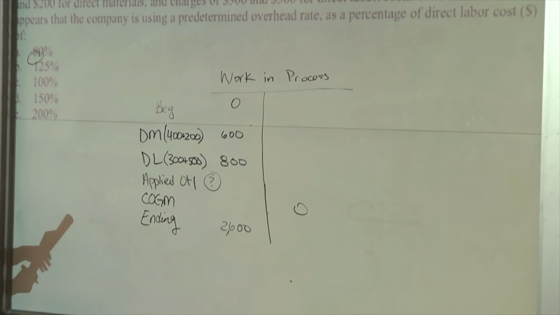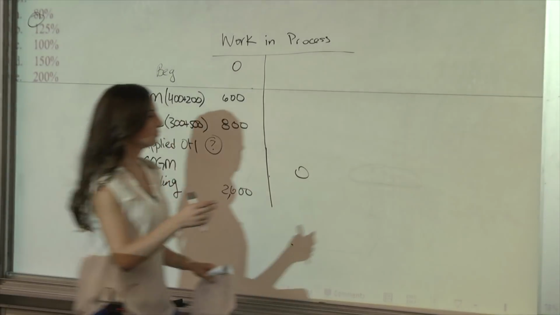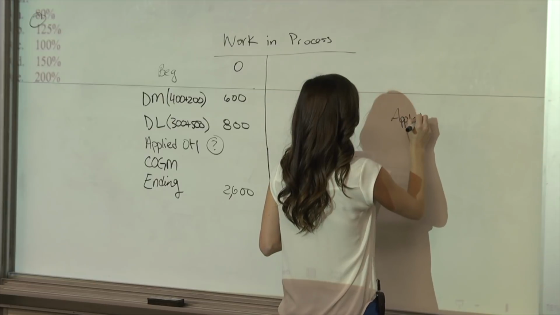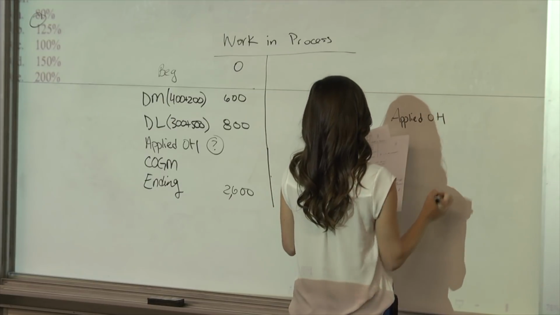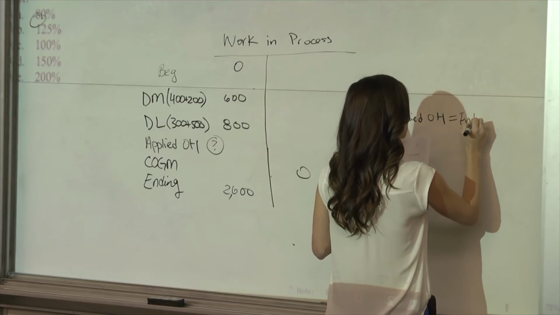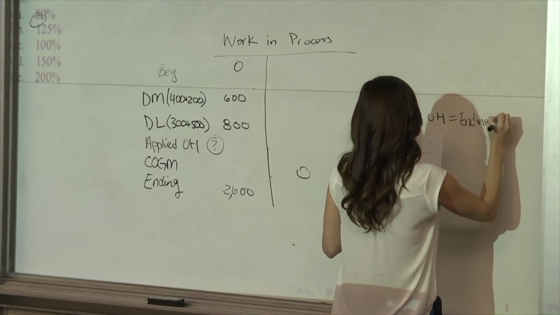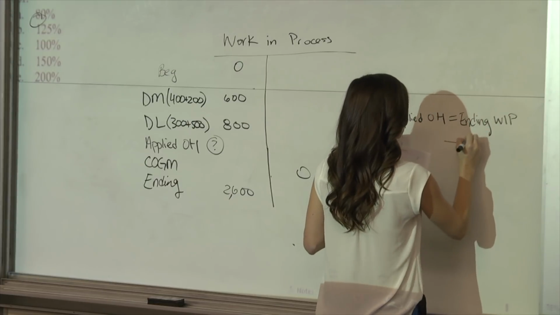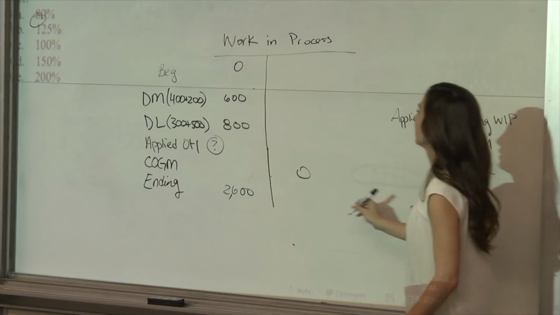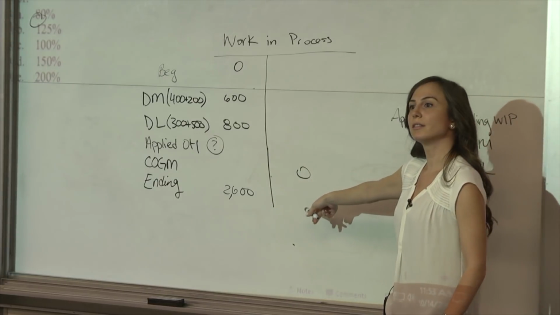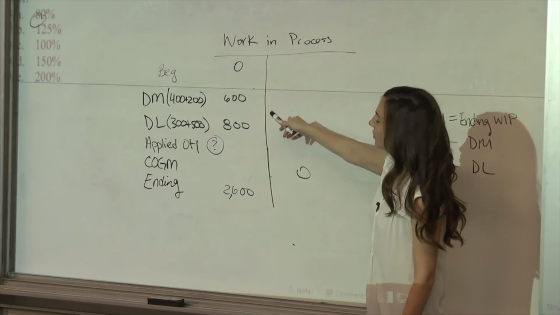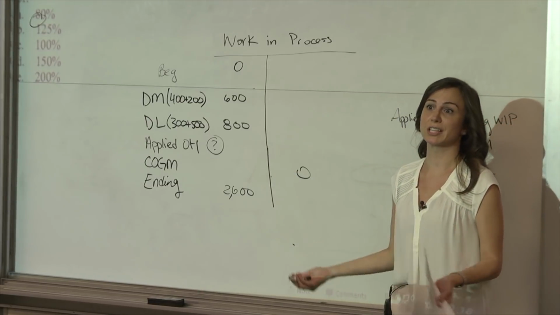So all we have to do is take our ending inventory for work in process and subtract out the direct materials and the direct labor costs, and then we're going to get what's left.